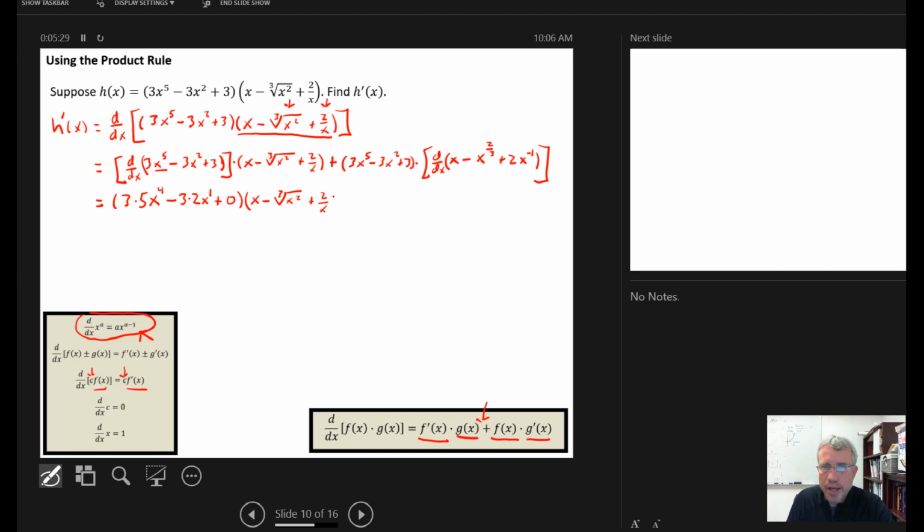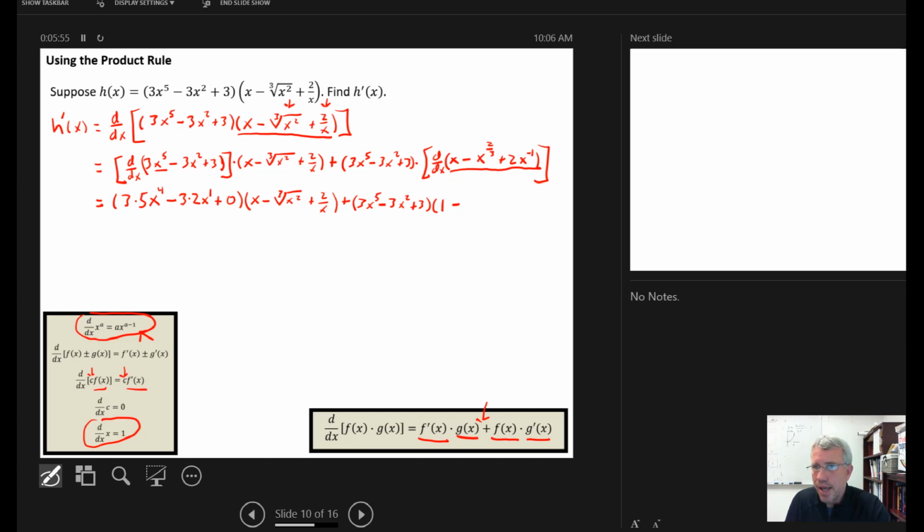Plus, here's the first function, just rewrite it, 3x to the 5th minus 3x squared plus 3 times the derivative of this 3-term expression. The derivative of x is just 1, minus, here I have a term to which I can apply the power rule.